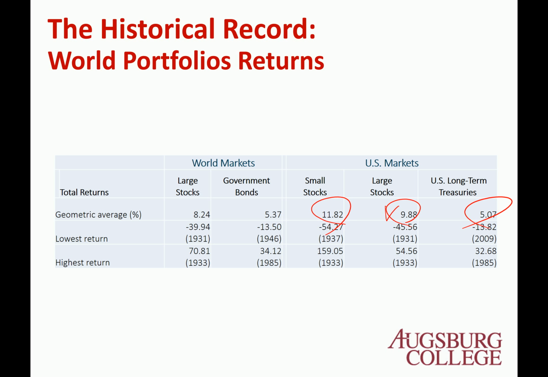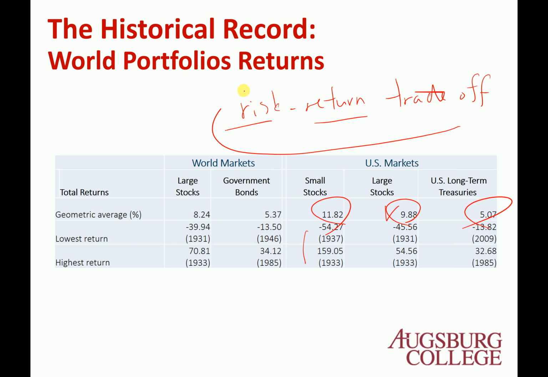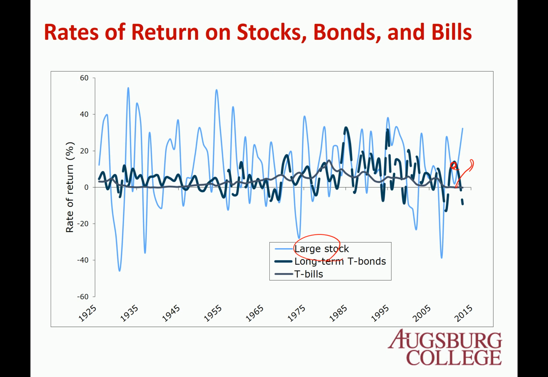Small stock is more volatile, with the highest return. So risk and return have a trade-off. It's called the risk-return trade-off. You take higher risk, you expect higher returns, because the market should give you sufficient reward to take risk.